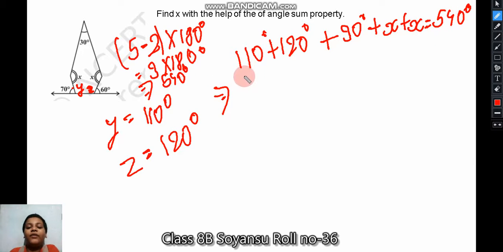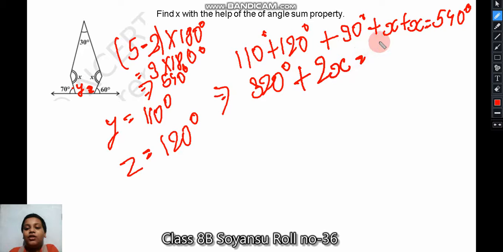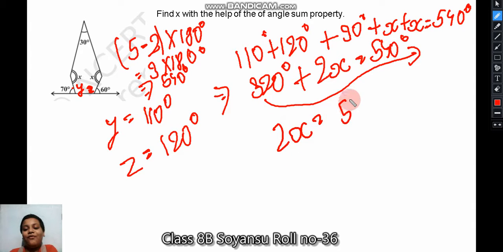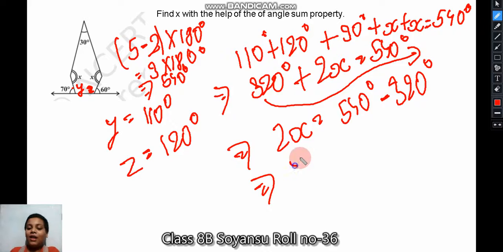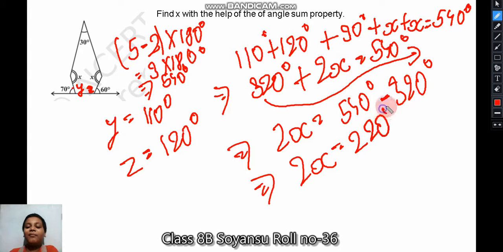Then 110 plus 120 plus 90 is equal to 320 degrees, plus 2x is equal to 540 degrees. So 320 degrees will go to the other side, plus will become minus, so 2x is equal to 540 degrees minus 320 degrees, that is 220 degrees.